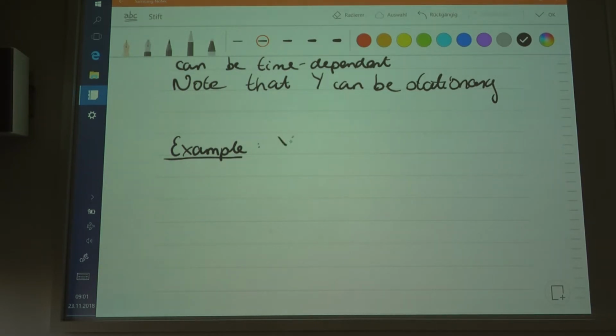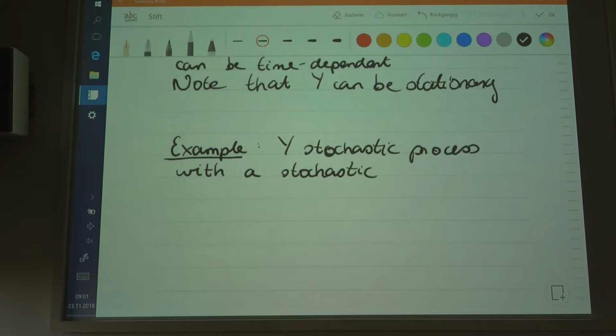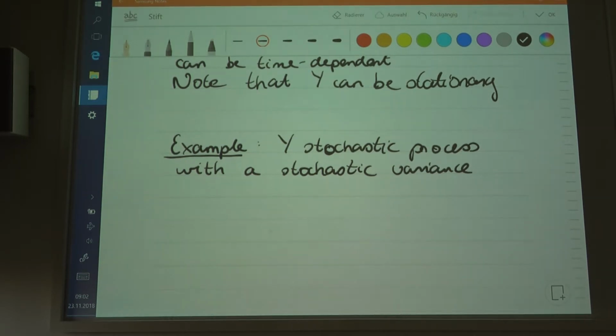So Y is a stochastic process with a stochastic variance. Basically, it means that the variance of the process itself will be stochastic. And I'm going to define this process as follows.